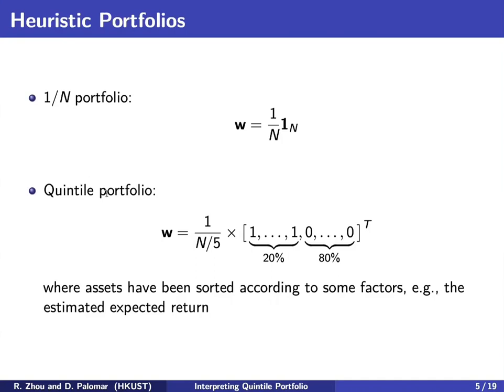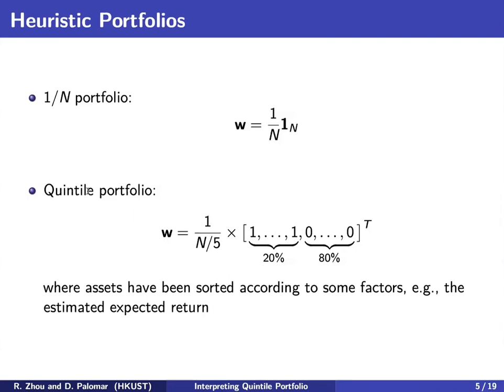And the quintile portfolio is to first sort all the assets according to some factors, for example, the estimated expected return. In this case, the asset with the highest expected return will be ranked at the first place, and the asset with the lowest return will be placed at the bottom position.